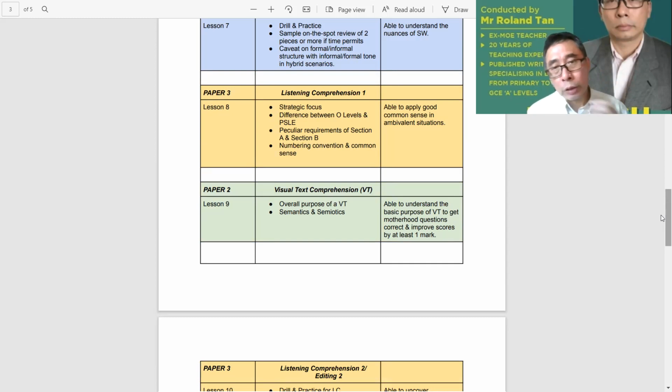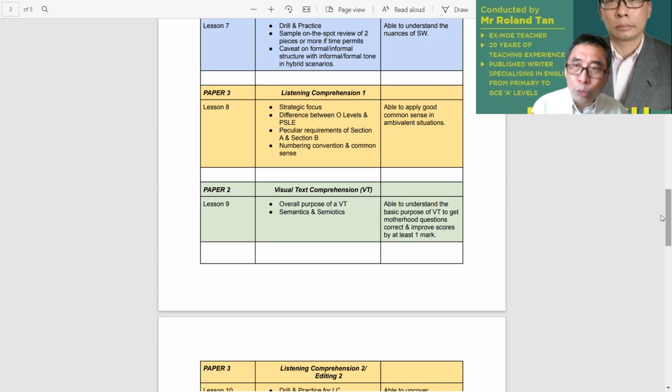Again, I'll be talking about the difference between O levels and PSLE, a great difference. LC is not the simplest component of the English paper. Make no mistake about that, unlike PSLE. I would highlight to you the peculiar requirements of both sections, Section B being the more challenging note-taking exercise.